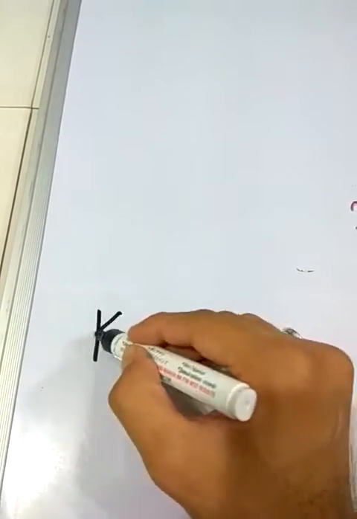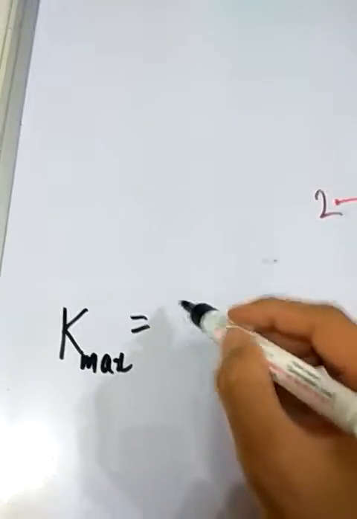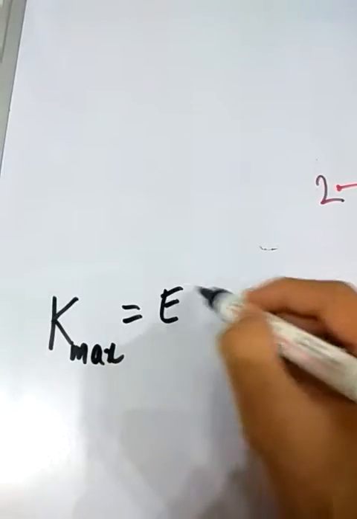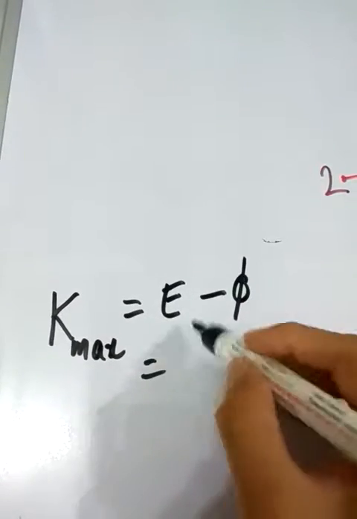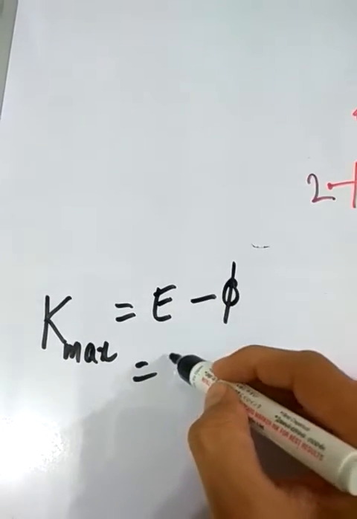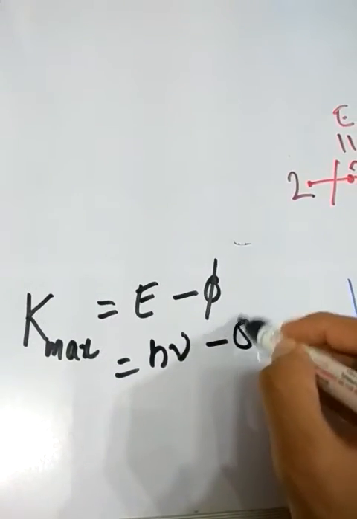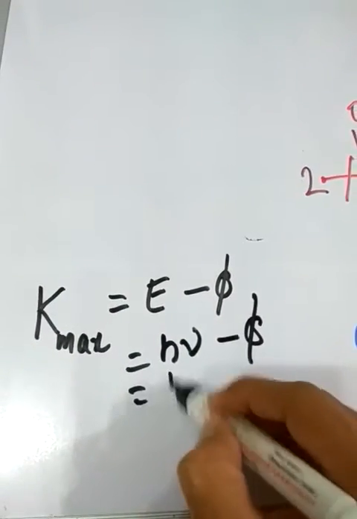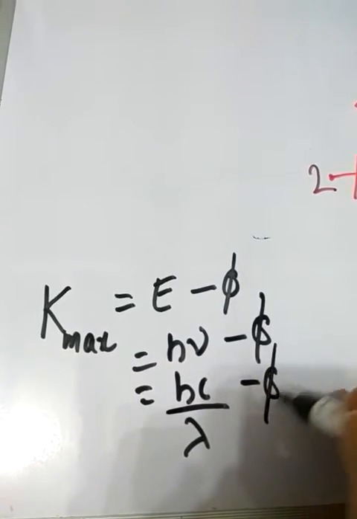So to get the maximum kinetic energy which we can have from an incident light, K is the maximum kinetic energy. The maximum kinetic energy which we can have is E minus phi. Phi is the work function. E, we have seen before, is h nu or hc by lambda, so it is h nu minus phi, or hc by lambda minus phi.